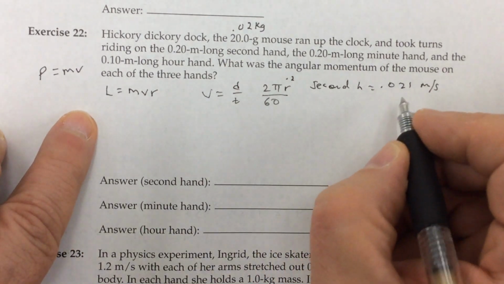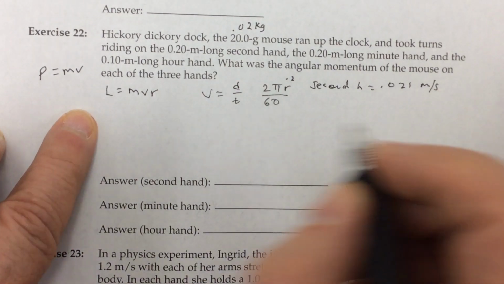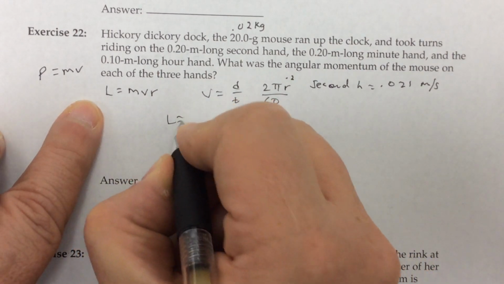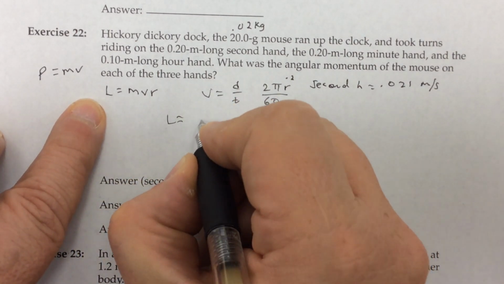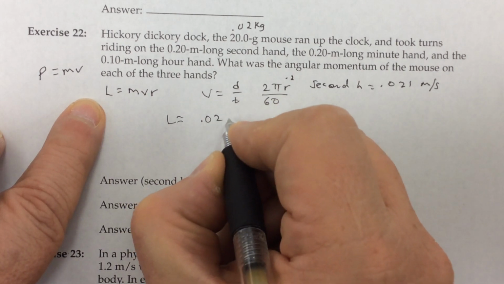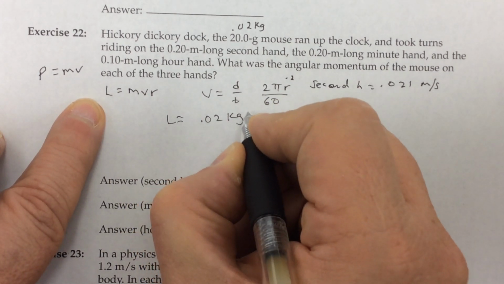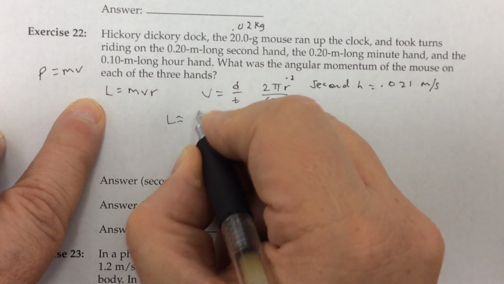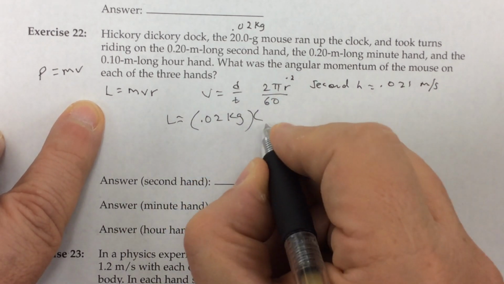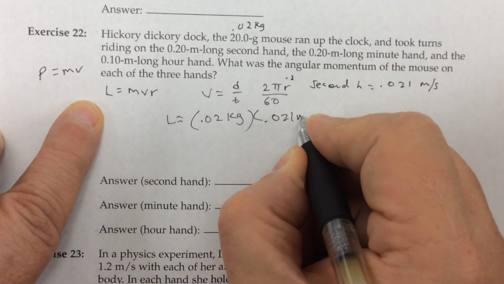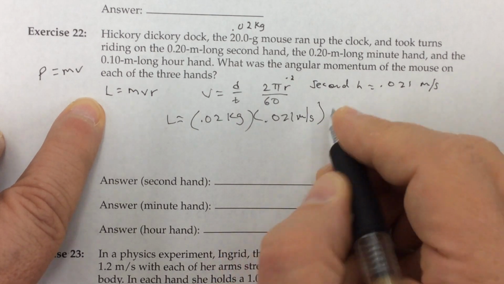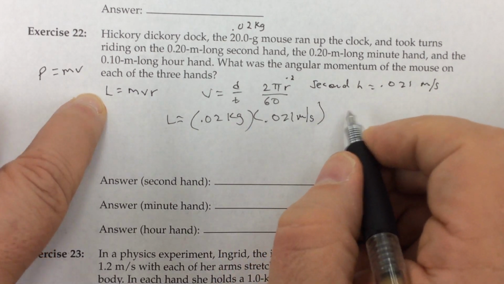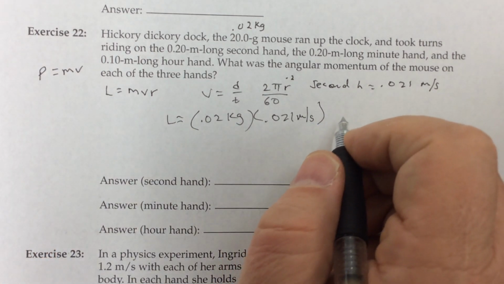So here's V. I'm going to have L, which we're trying to find. Angular momentum is its mass, so we do that in 0.02 kilograms, times its velocity. Its velocity we just found is 0.021 meters per second. And then times its radius. So how long is it?